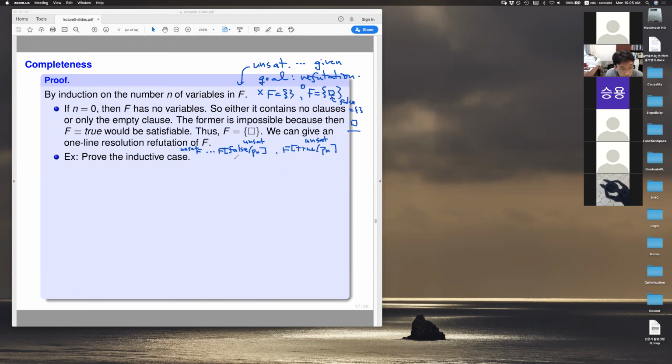Now, if you apply the induction hypothesis, that will give us a derivation of a box, so a derivation of contradiction in this case. If you apply the induction hypothesis here, it will give a derivation of a box here. Let's make it more explicit.